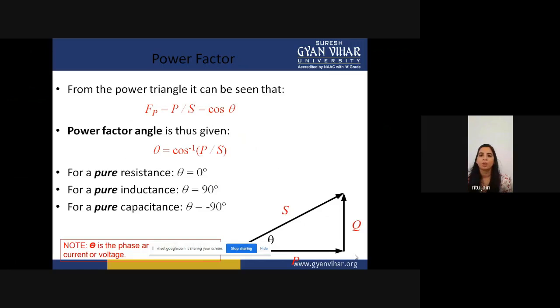So from the equation, you can write Fp is equal to P by S is equal to cos theta. So the power factor angle is thus given by theta is equal to cos inverse P by S. For a pure resistance, theta is equal to 0 degree. For a pure inductance, theta is equal to 90 degree. For a pure capacitance, theta is equal to minus 90.